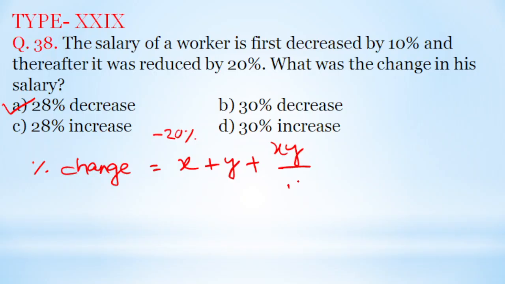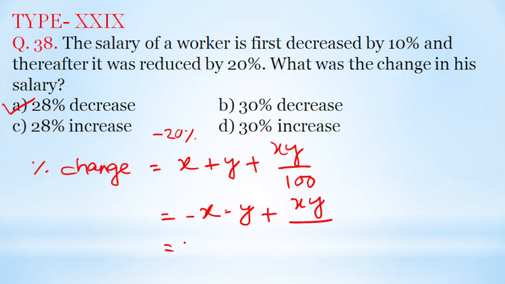Here x is first increased and y is increased thereafter. Now here in this case, the salary is first decreased. That means I have to use the formula minus x, and again it is also reduced by 20%. That means once again it is decreased, so it will be minus y. Now it is plus xy, because when this minus x and minus y is multiplied, it will be plus.